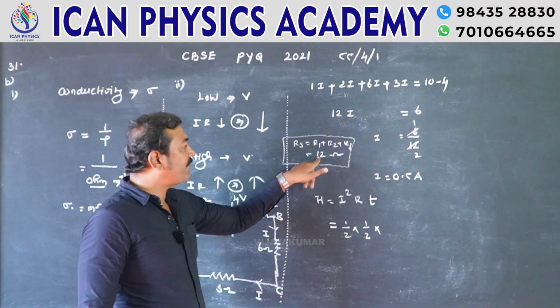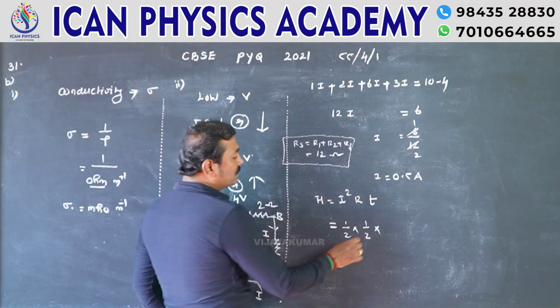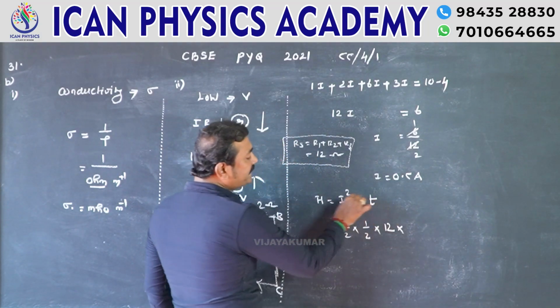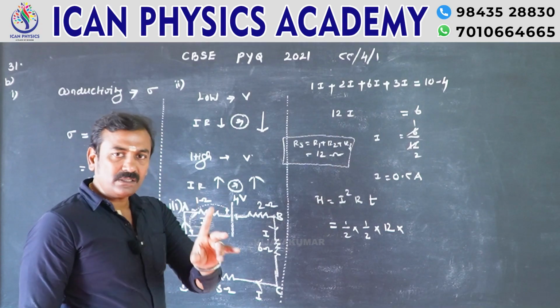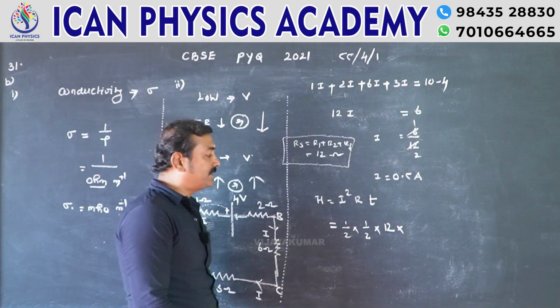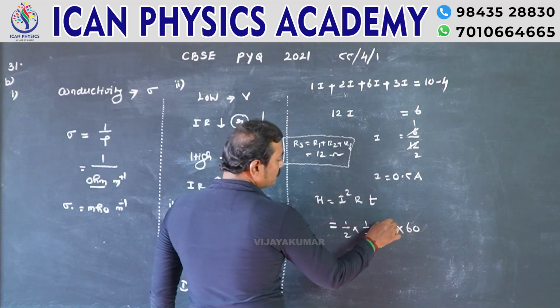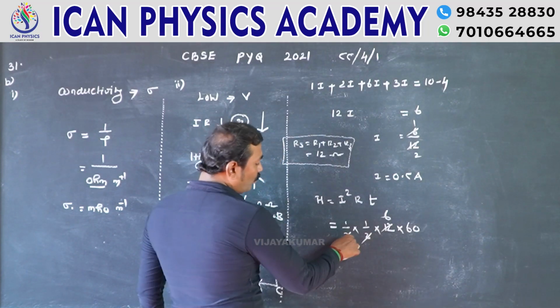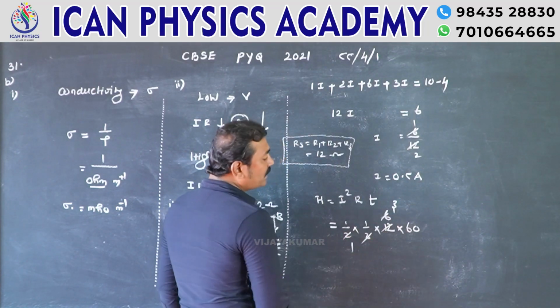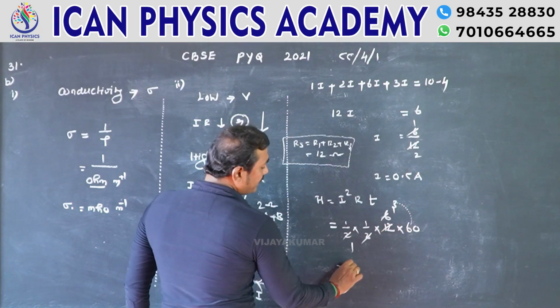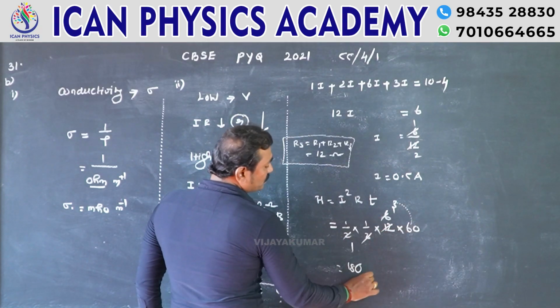R is 12. Time is given as 1 minute. In 1 minute, how many seconds? 60 seconds. Multiplying, we get 180, so this much of joule.